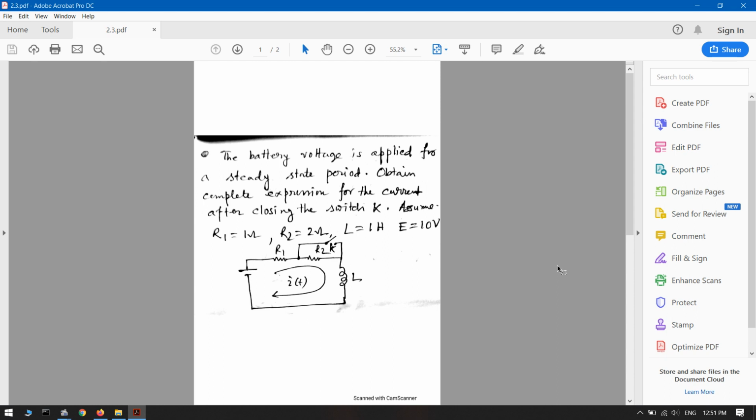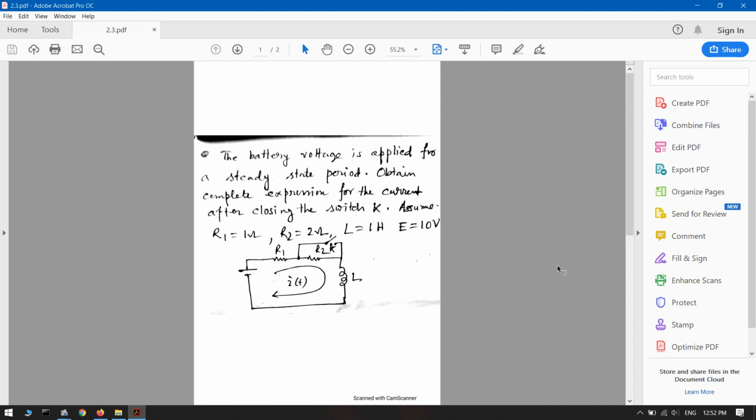Now, when the switch is closed, if we apply KVL, what can we write? KVL: E equals R1 into i(t), and when the switch is closed, R2 is not in the picture. It is shorted. So we can write R1 into i(t) plus L d/dt of i(t).